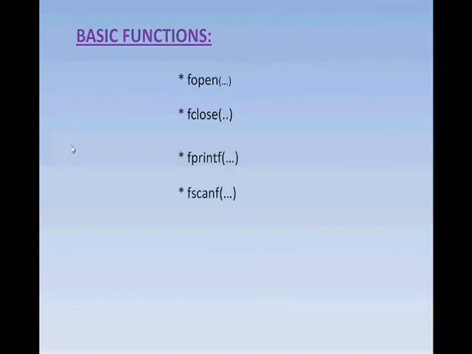We cannot save binary data inside binary files using fprintf and fscanf. For that we have fread and fwrite. fread means read from a file and fwrite means write in the file. We are going to see how these functions work.